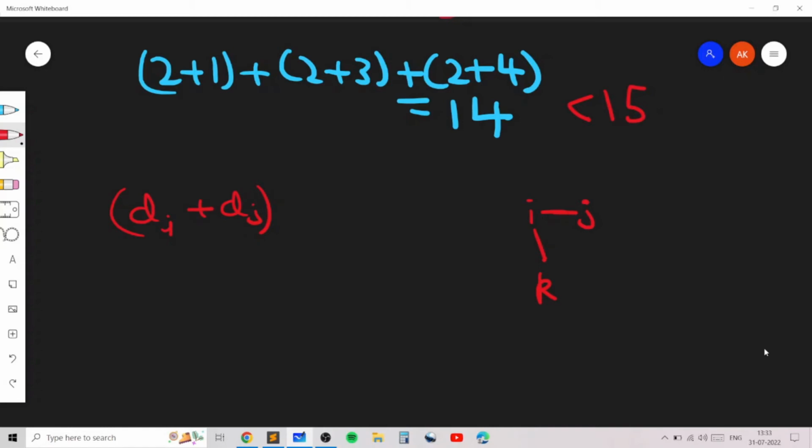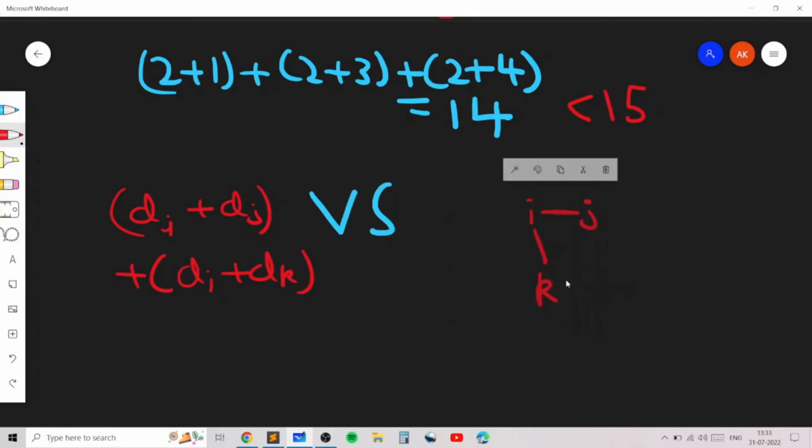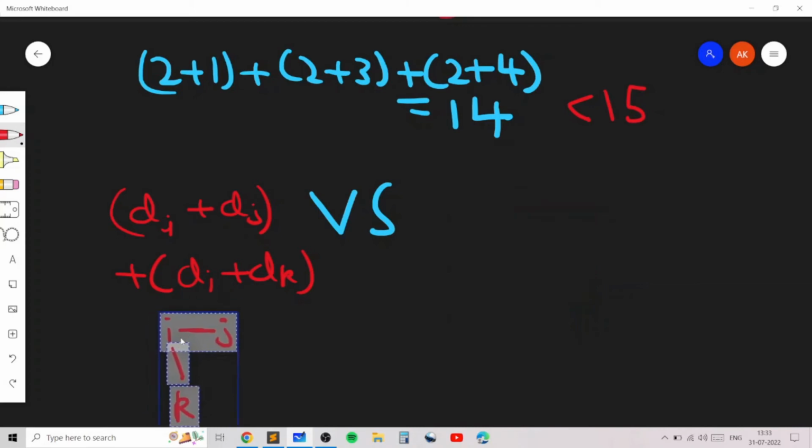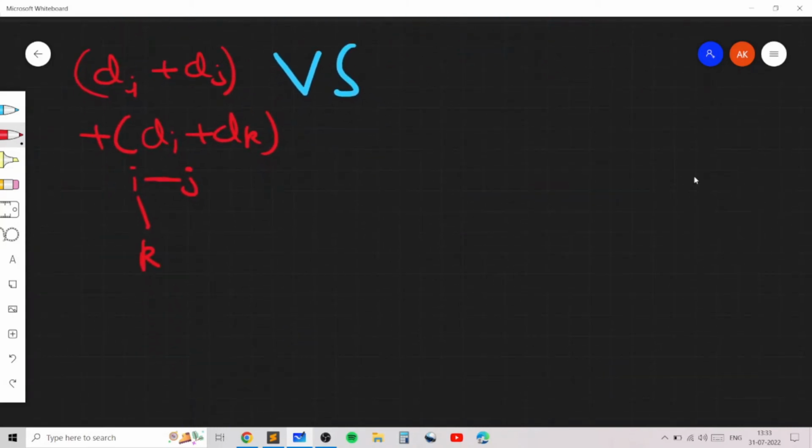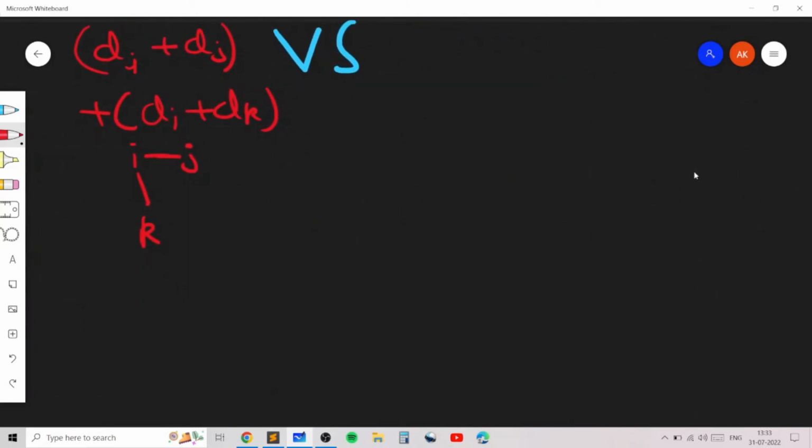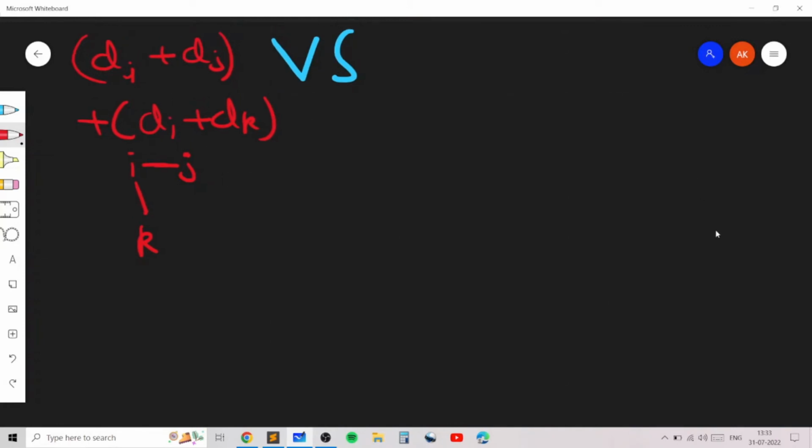Now the key idea is that if you connect it with i, the cost will be di plus dk, versus if you connect it with j, the cost will be dj plus dk.